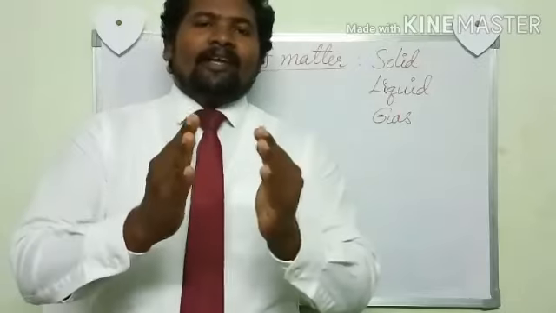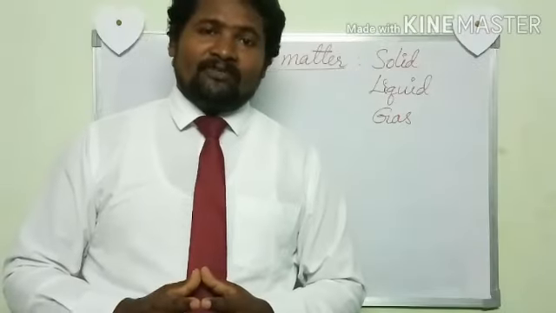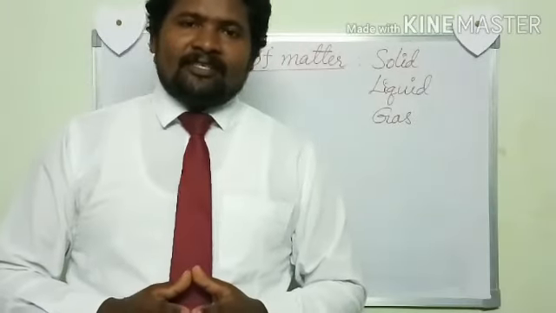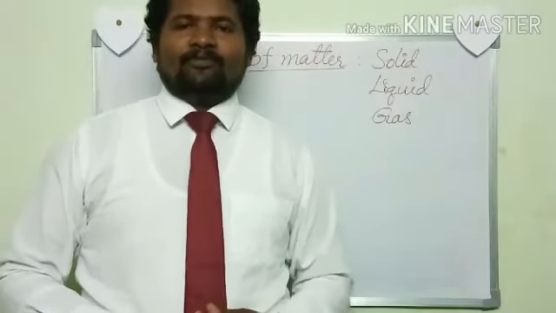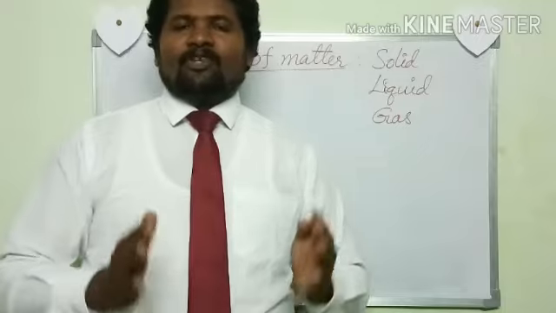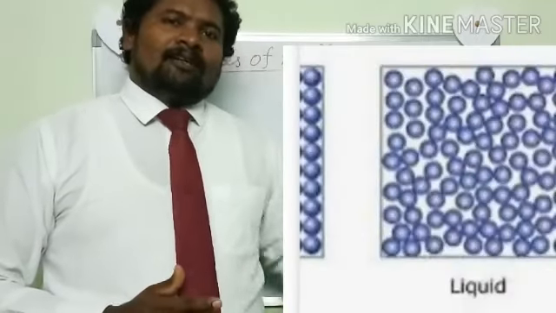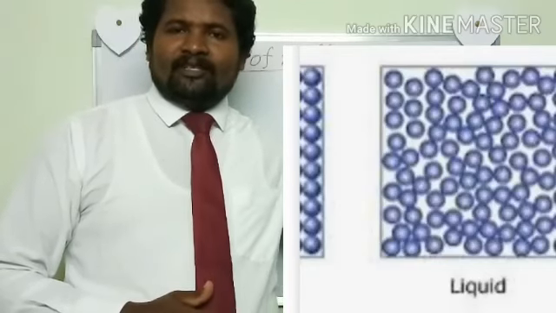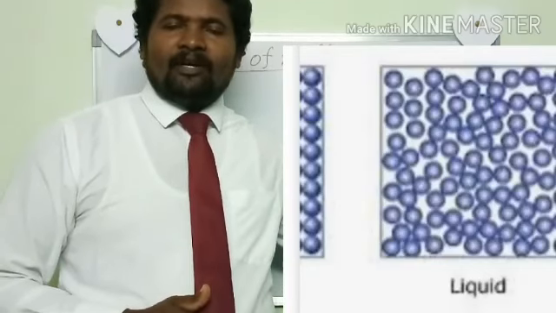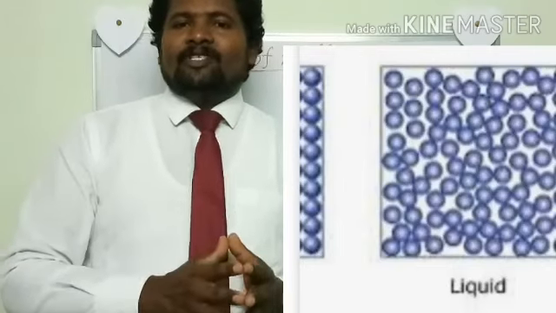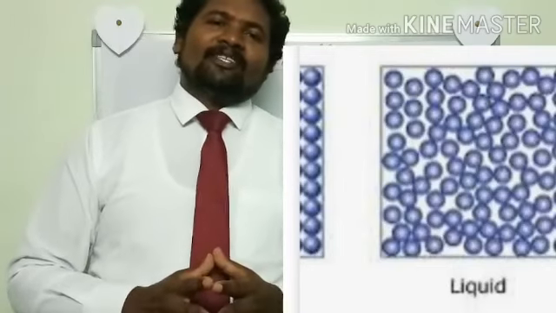Here a moderate force of attraction is there between atoms, and a moderate distance is there between the atoms. We are not showing them at large distances, only at reasonable distances. So moderate spaces and moderate forces are acting.